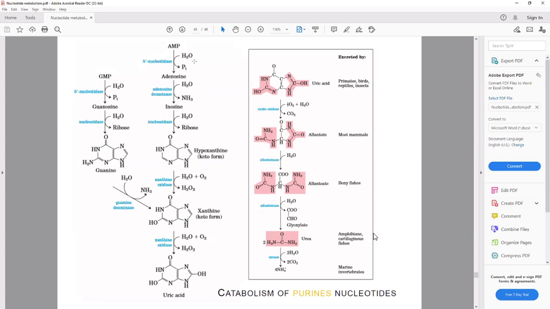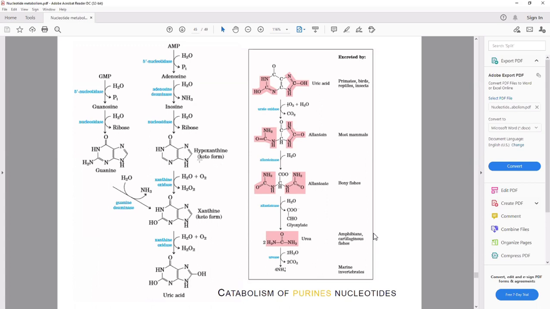If you see from this, basically the reactions involve the hydrolysis of a bond, catalyzed by the enzyme nucleosidase. When there is the removal of an amino group, the enzyme deaminase comes in. So from AMP to adenosine, then adenosine to inosine, then inosine to hypoxanthine, the third step involves the removal of the ribose group to form hypoxanthine.